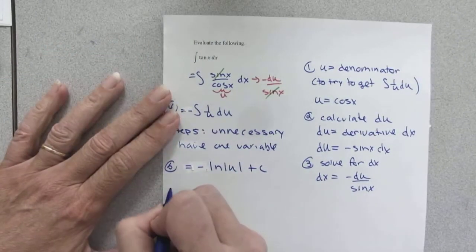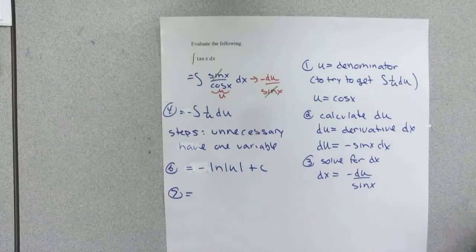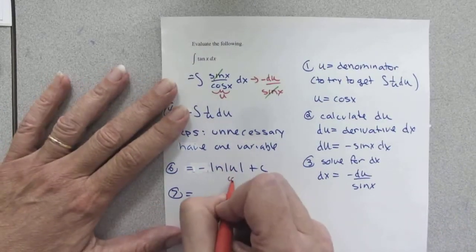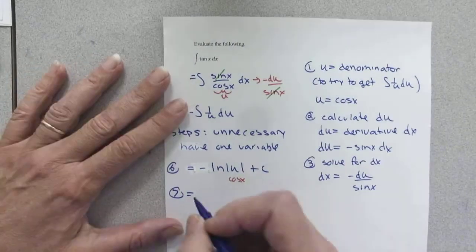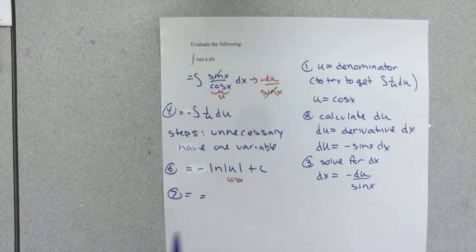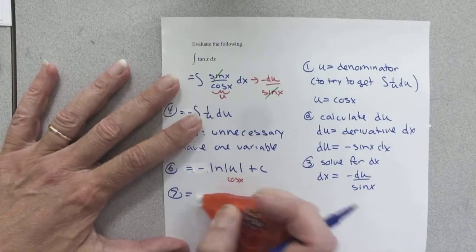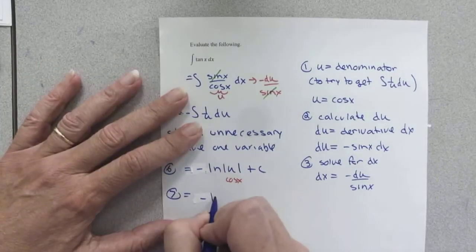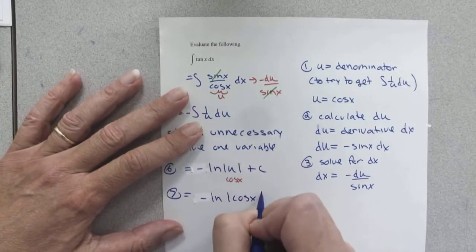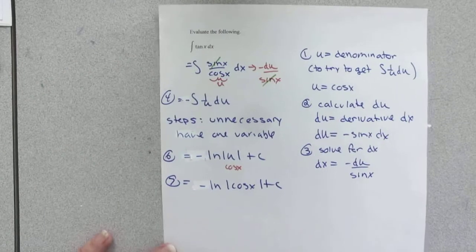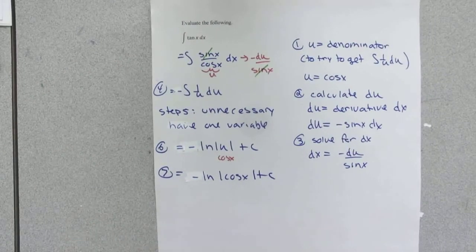Then back to the original variable. U was equal to cosine x, and so we get negative the natural log of the absolute value of cosine x plus c. And there is a perfectly acceptable answer to what the integral of tangent is.